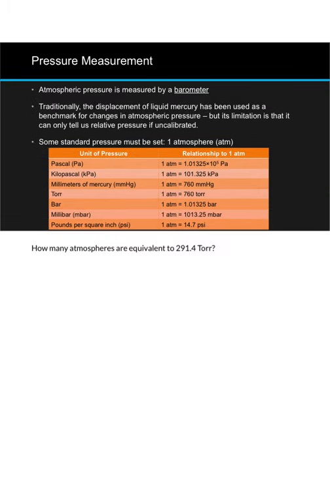As an example of how we might convert one pressure unit to atmospheres, let's convert 291.4 torr into an equivalent pressure in atmospheres. This will proceed just like all of the other unit conversions we've done all semester long. We're given a value of a pressure in units of torr and asked to convert that to units of atmospheres, ATM. That means we'll need to get rid of torr and convert into target units of atmospheres.